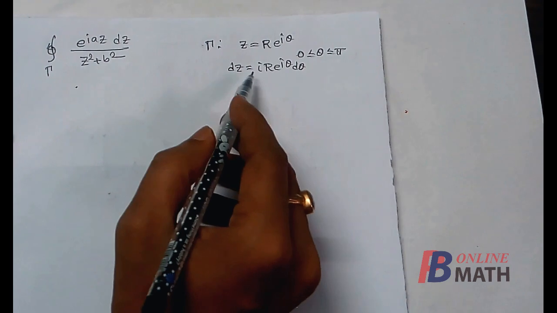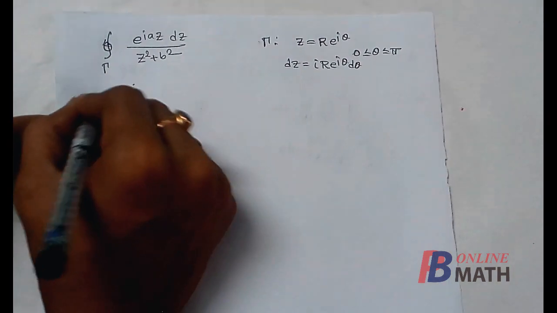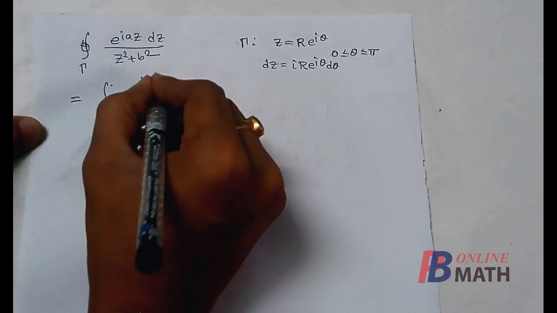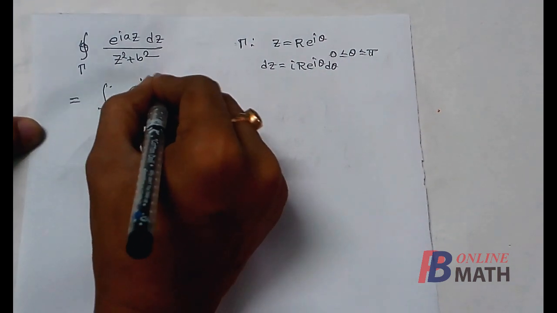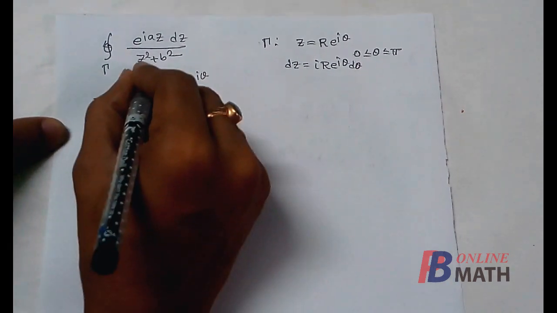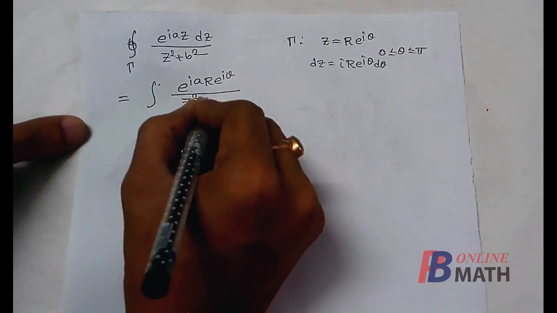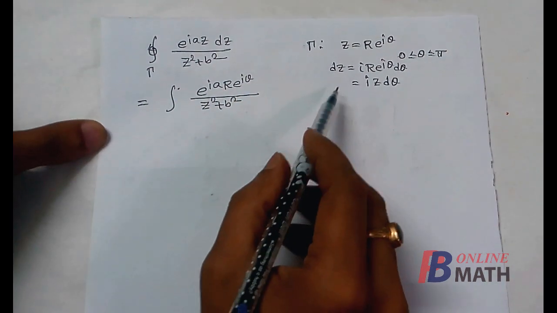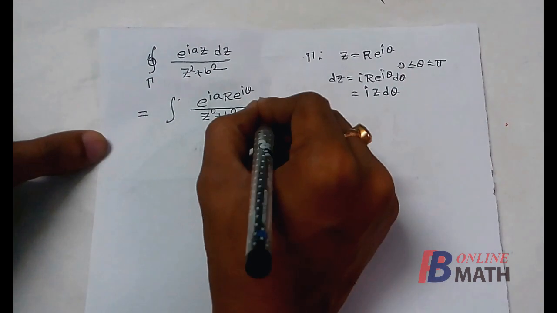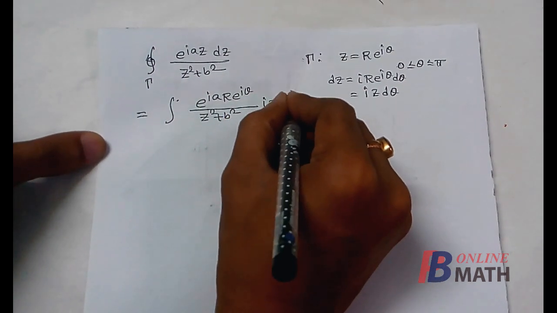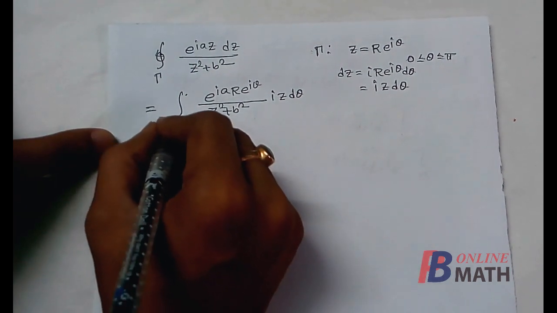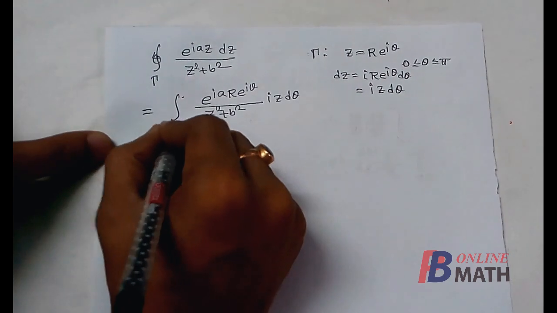So if we replace this in the main integral, we shall find that this is e to the power i a z divided by, here we write z square plus b square. Now dz can be written as iz d theta. And remember, theta varies from 0 to pi.